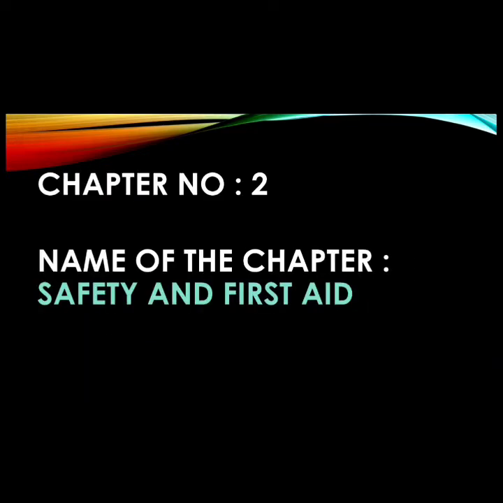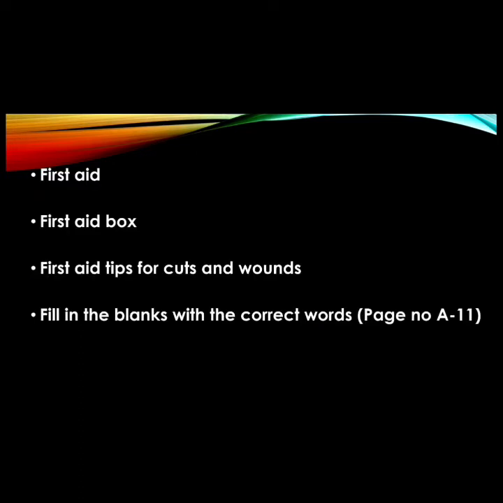In the last class, we finished the explanation of the second chapter from the book, Safety and First Aid. In the previous class, we discussed first aid, the first aid box, and first aid tips for cuts and wounds, and we also did fill in the blanks with correct words from page number A11, right?